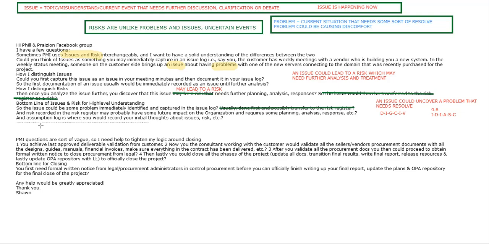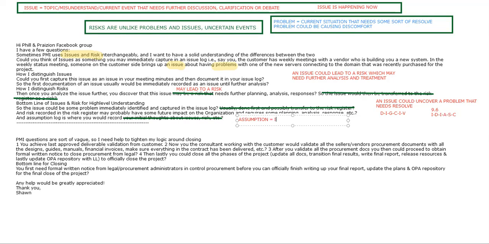Then you said an assumption log where you record your initial thoughts about issues, risks. I would not say the assumption log is where you record your initial thoughts about these, but I would say the assumption log is where you catalog anything you are considering to be true without proof about any project variable.